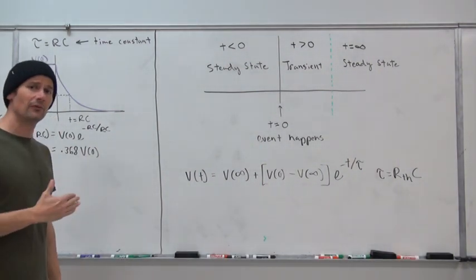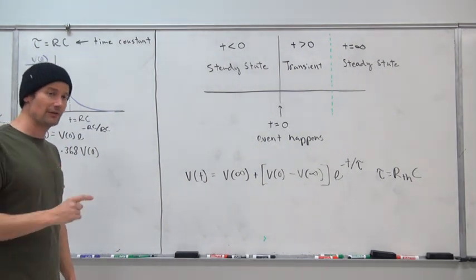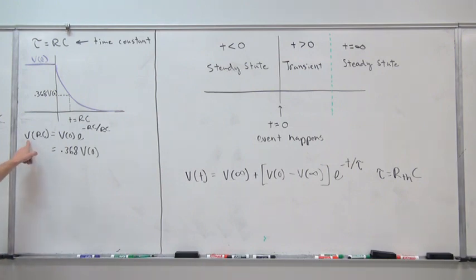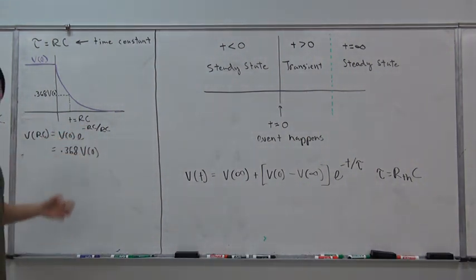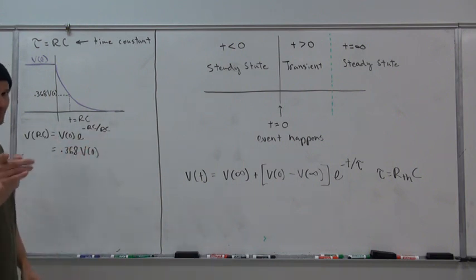If we evaluate that equation at t equal to RC, which is in fact measured in time, then V naught times e to the negative RC divided by the time constant gives us V naught times e to the negative 1, and you should punch this in on your calculator just to make sure you see it.